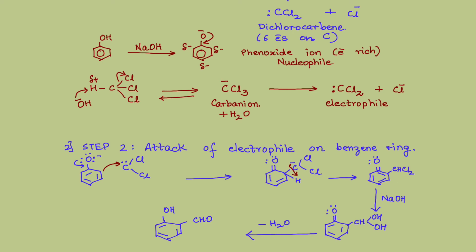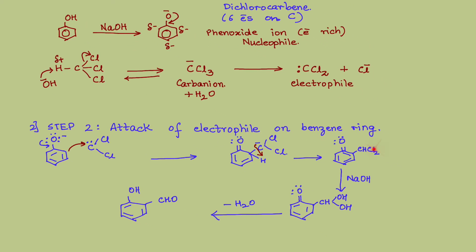Next step comes the hydrolysis, wherein the 2 chlorine are replaced by the OH group. So nucleophilic substitution, hydrolysis. Remember? Now, you know that a carbon bearing 2 OH groups is not very stable. So let's get rid of the water molecule from here. Now when it gets rid of the water molecule, what do we form?